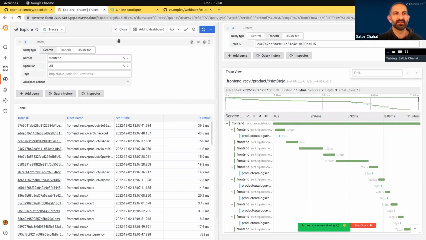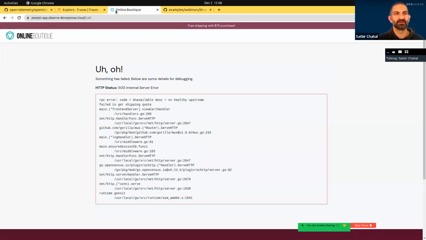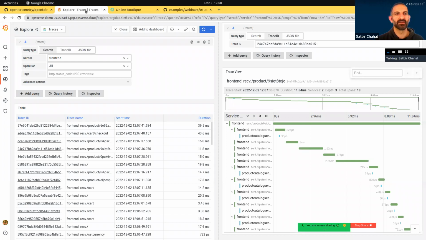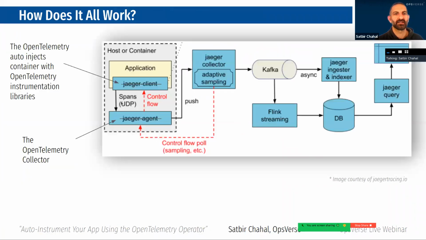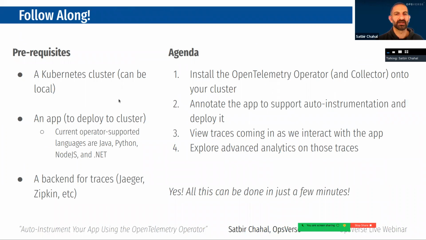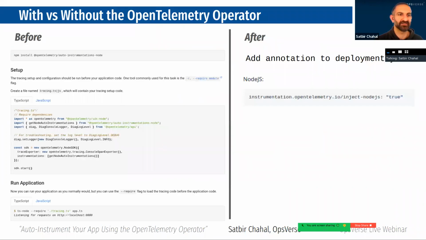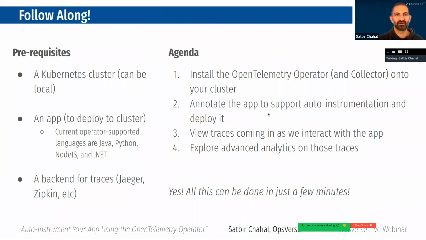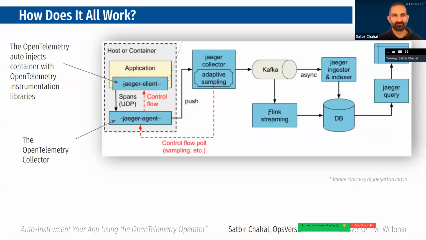And what we'll do is we'll deploy another app that actually uses the OpenTelemetry operator, so that you don't have to add this code right here on the left side. All you have to do is annotate this. So if you want to follow along, what I just showed is basically this.